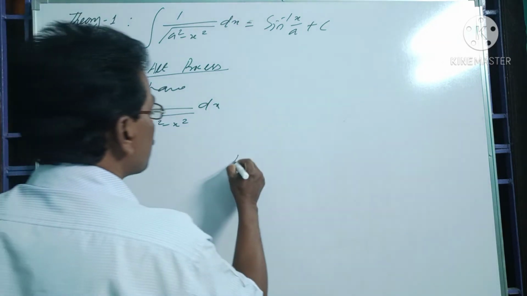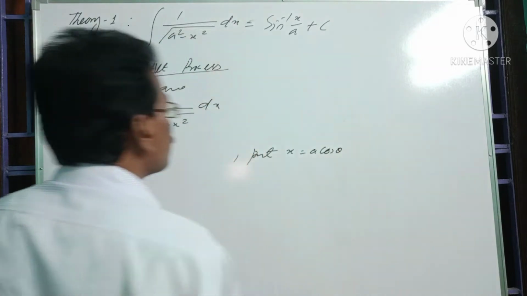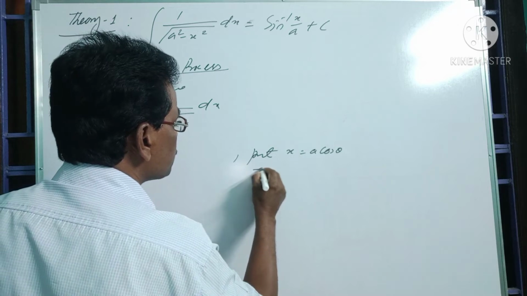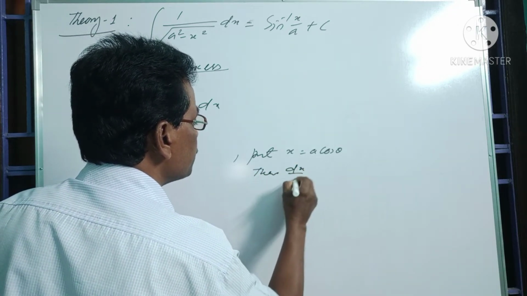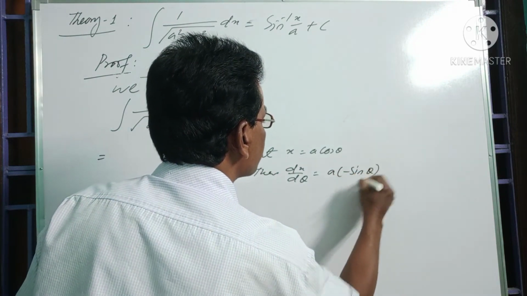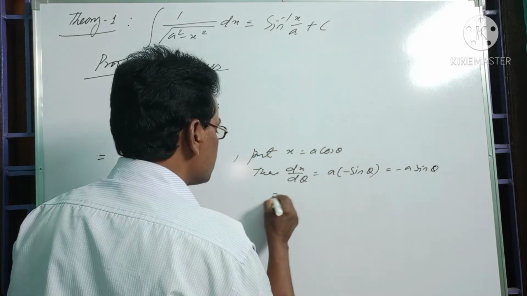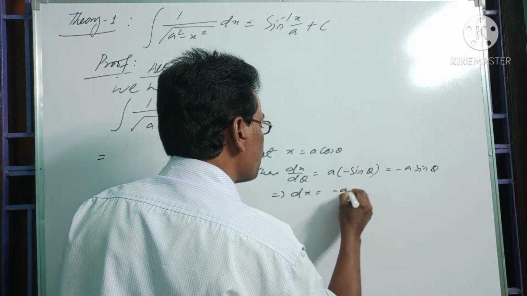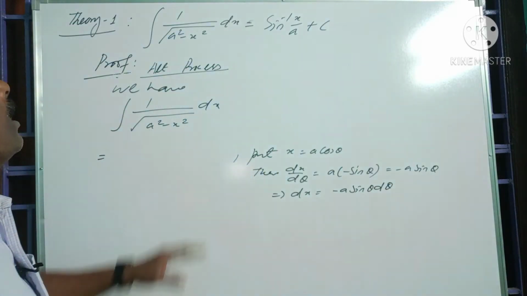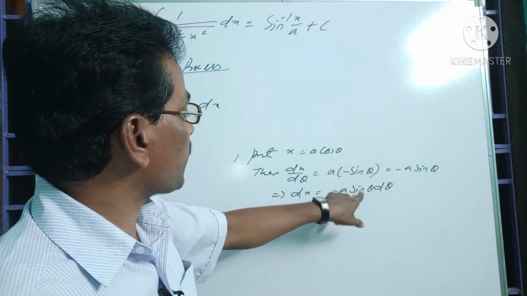So let us substitute x is equal to a into cos theta, where x is a function of theta. Differentiating x with respect to theta, we get dx by d theta is equal to a into the derivative of cos theta, which is minus sin theta. So simplifying, dx is equal to minus a into sin theta d theta.